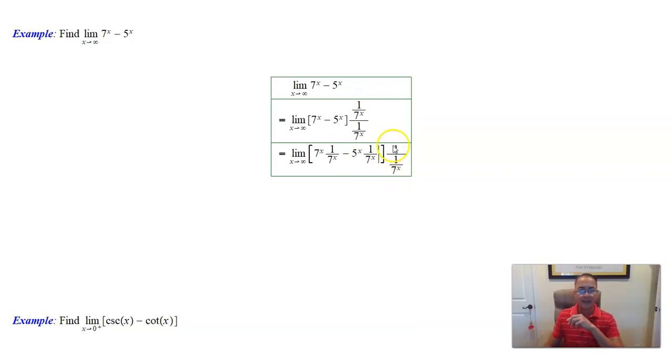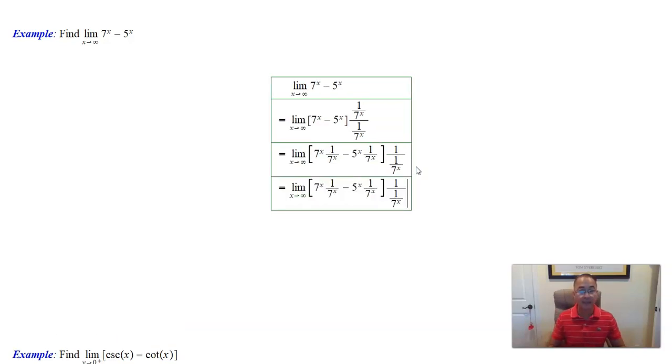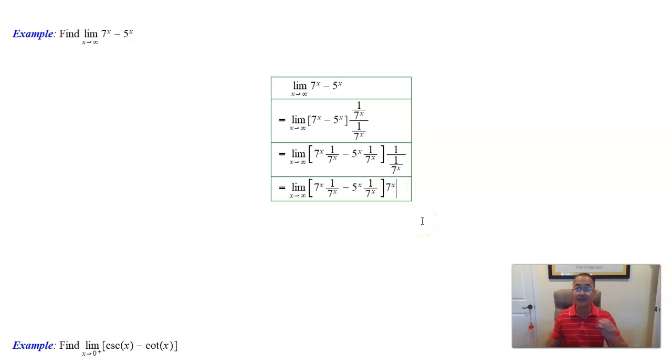But you have 1 over something, so we can flip that 7 to the x back into the numerator. So this simply becomes times 7 to the x. If you don't believe me, distribute this 7 to the x inside. These will cancel, these will cancel. You're back to 7 to the x minus 5 to the x.